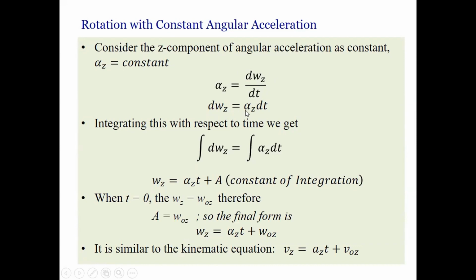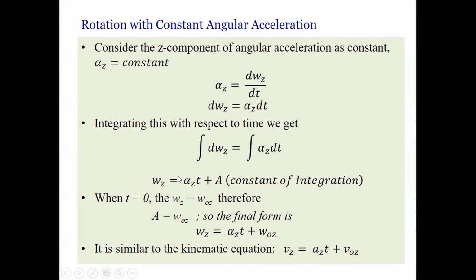Then d omega is equal to alpha times dt with the z component. Now we are going to integrate this equation with respect to time on both sides. The d omega is integrated and the alpha times dt is integrated. The alpha is constant, therefore it can be taken out, and the dt integration will lead us to time t plus a, the constant of integration.